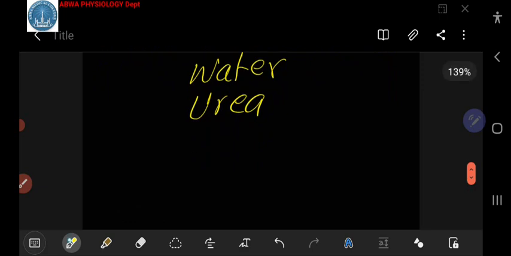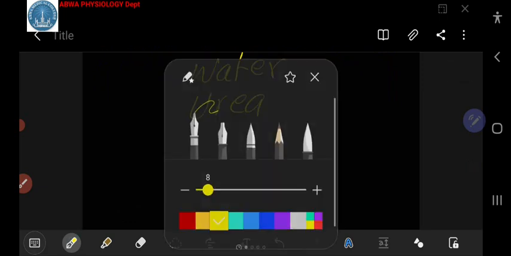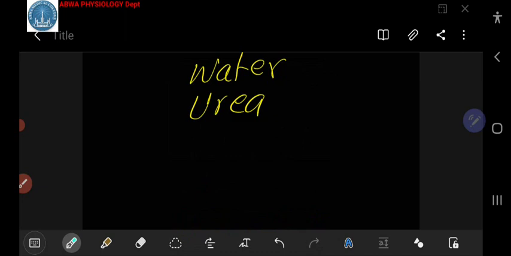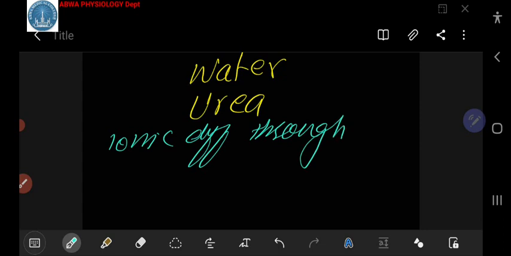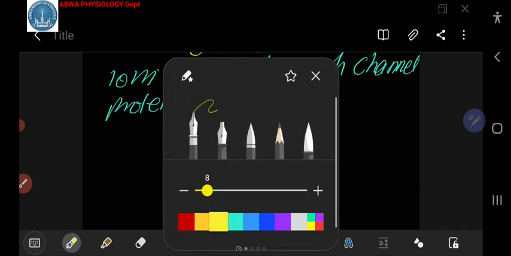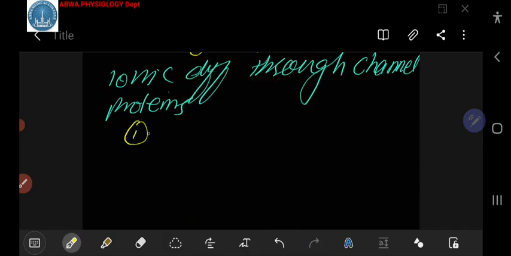Now the ionic diffusion. Ionic diffusion through the channel proteins. So ions, number one, they diffuse through the channel.